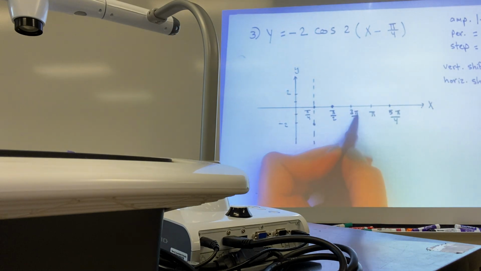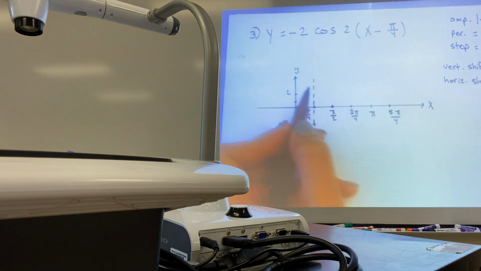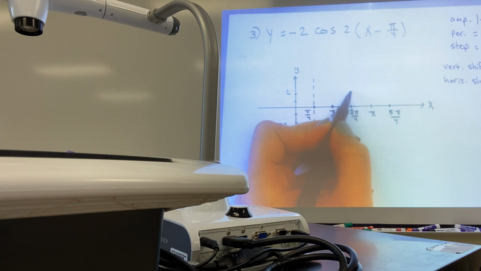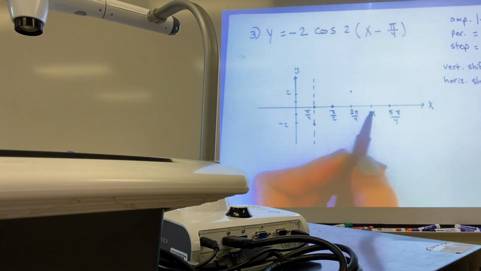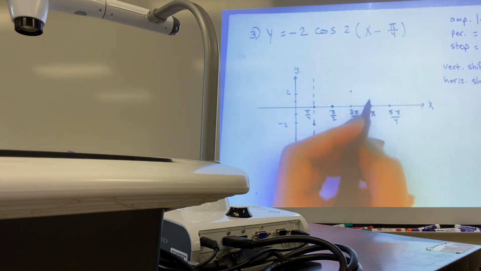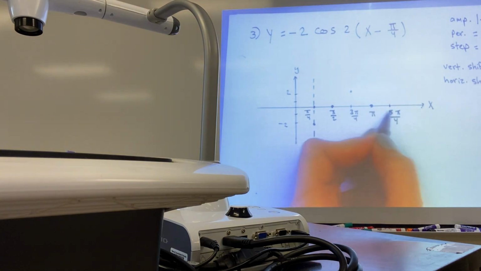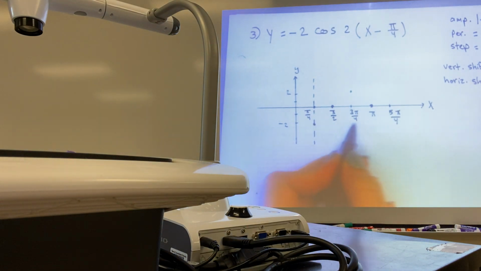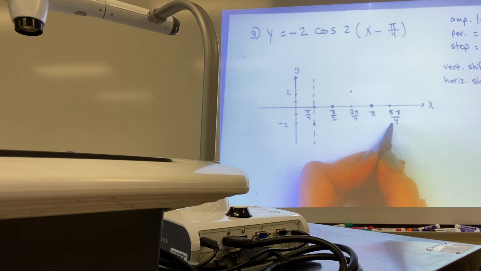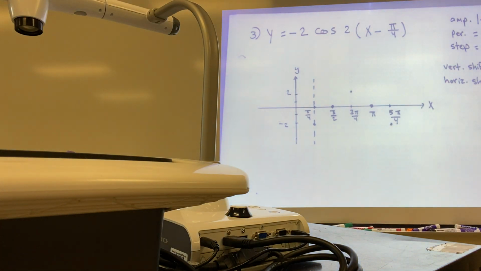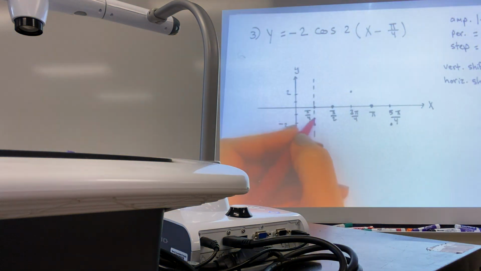And for 3 pi over 4, the value of y will be 2. And when x is pi, y will be 0. And for x is 5 pi over 4, y will be negative 2 again. And here are my points. Let's graph.